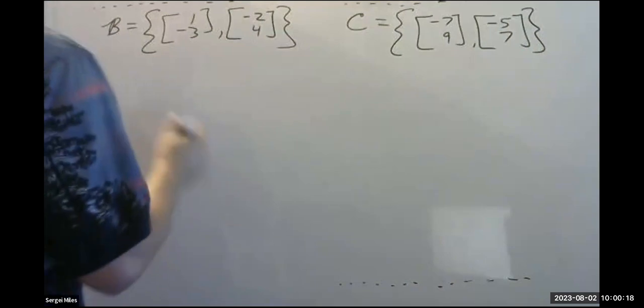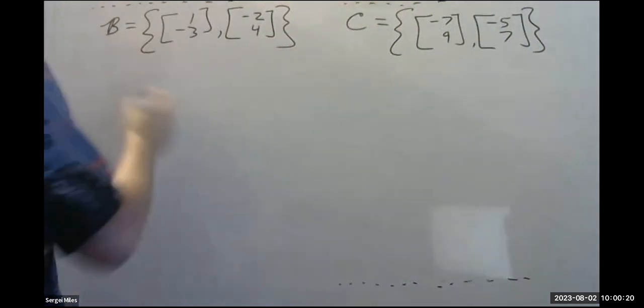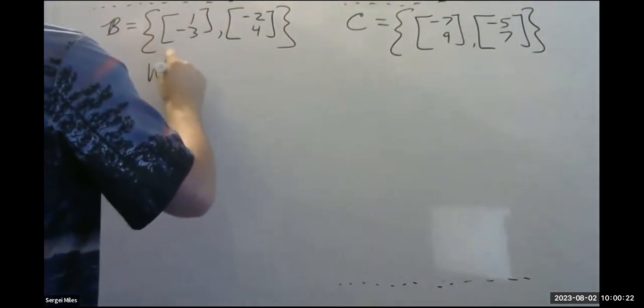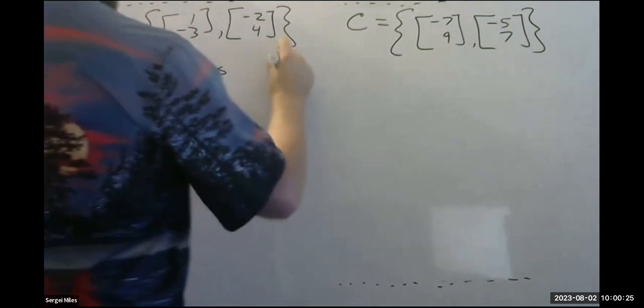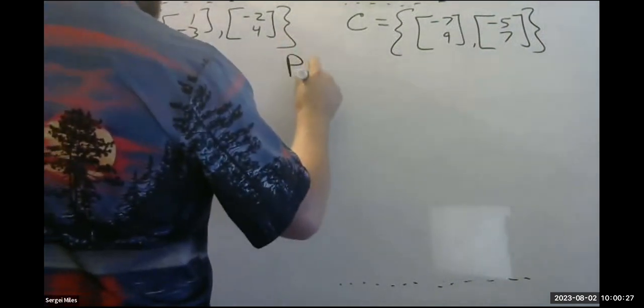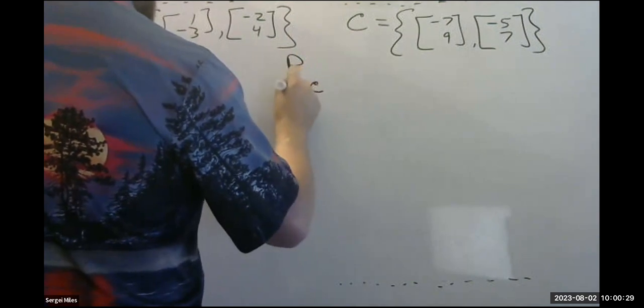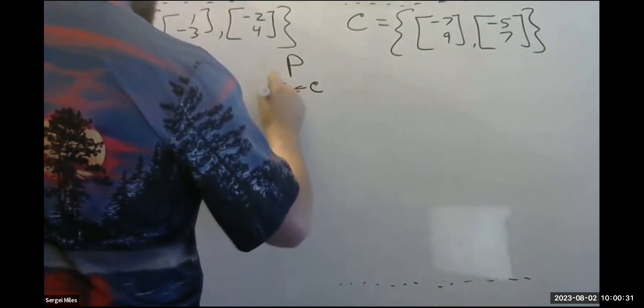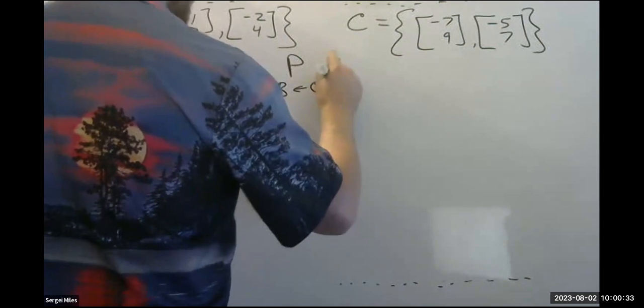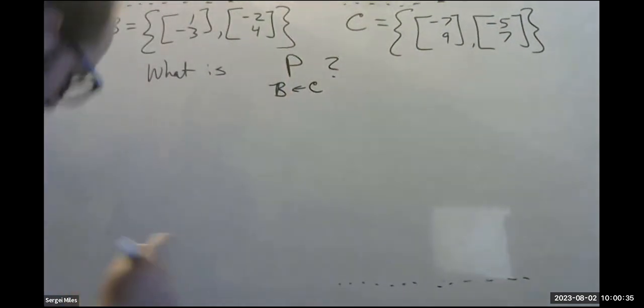right? And so now I could ask you a question. What is the matrix which transforms C vectors into B vectors? What is this matrix? All right.